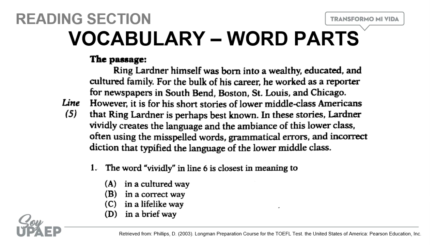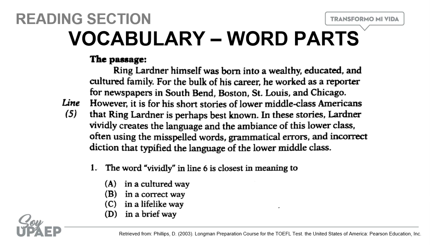So, for example, the first question says the word vividly in line 6 is close in meaning to. Remember they are giving you line 5 in order for it to be easier to determine which line 6 is. Okay, so we know that vividly, the particle viv means life. So we can determine that it has to do something with life.